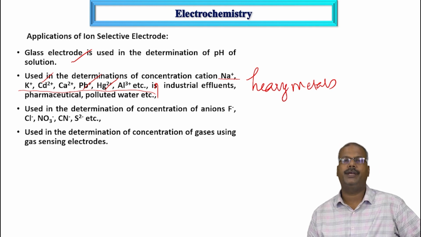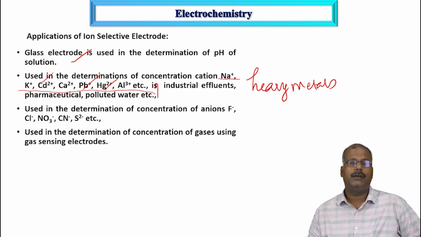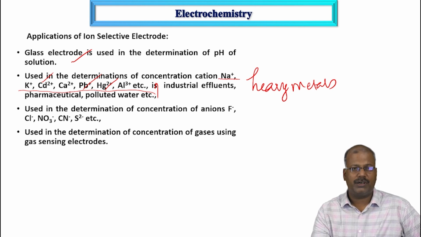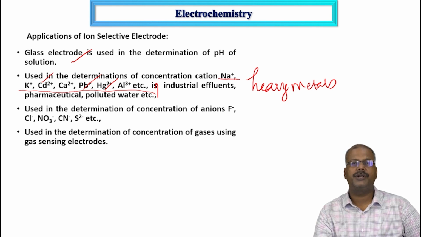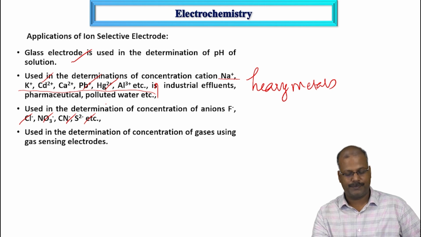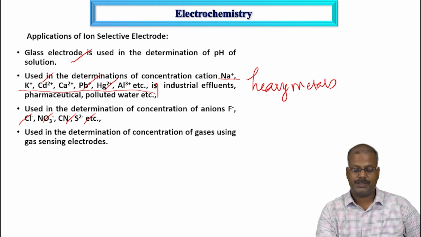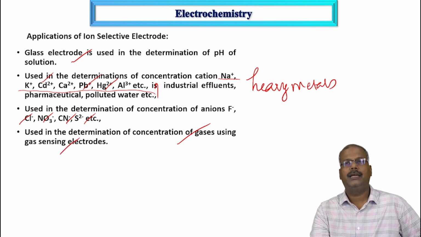So they use an ion sensitive electrode to know how many ppm of these heavy metals are there in polluted water or industrial effluents, etc. It is also used in the determination of the concentration of anions like chloride, nitrate, cyanide, sulfide, etc. It is also used for the concentration of gases, using gas sensing electrodes.